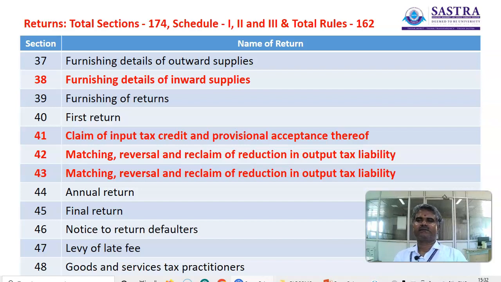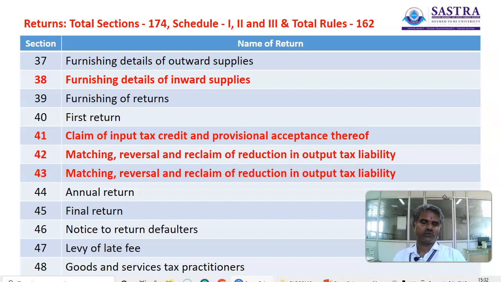Before that, you have to know, we have to discuss 174 sections in GST. In GST there are 174 sections and 3 schedules.